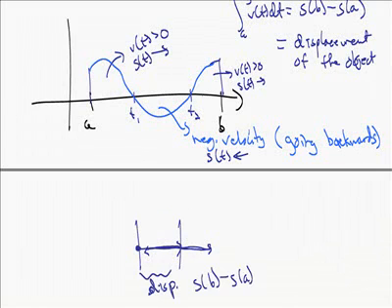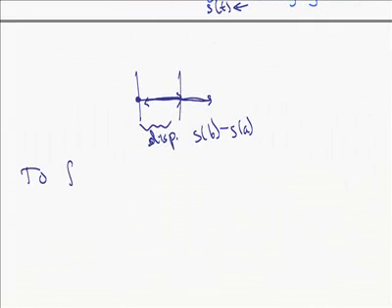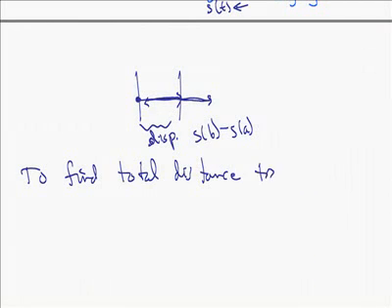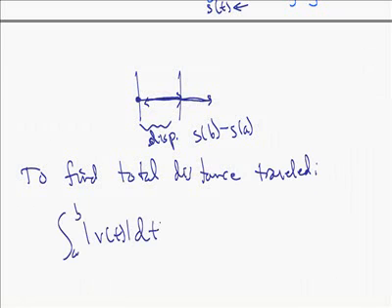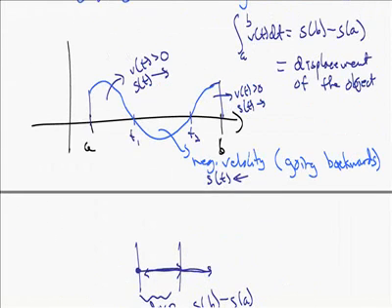But if we want to find the total distance traveled, we need to actually take the integral from a to b of the absolute value of the velocity function. All right? That'll give us the total distance, because what that does is it counts when we're moving in the negative or backwards or left direction.